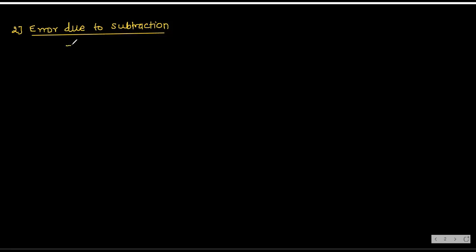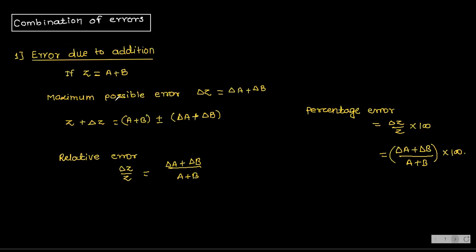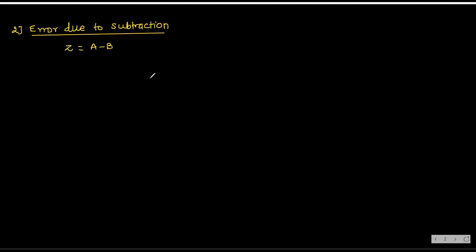In this case, what is the function? Z is equal to a minus b. In the previous case, you see a plus b. Now here it is a minus b.